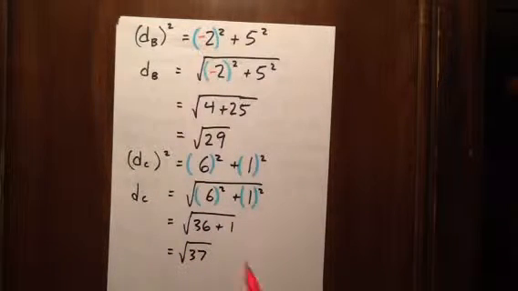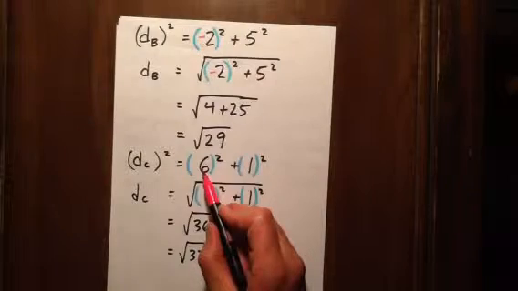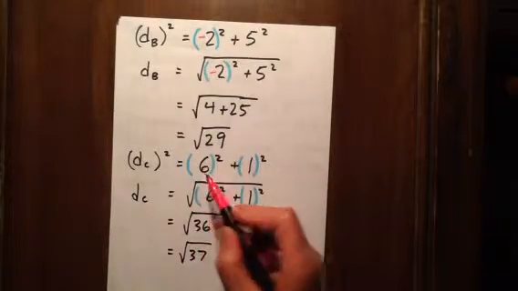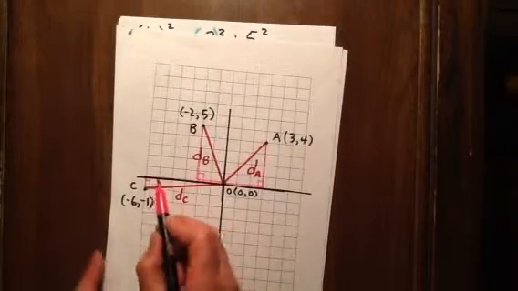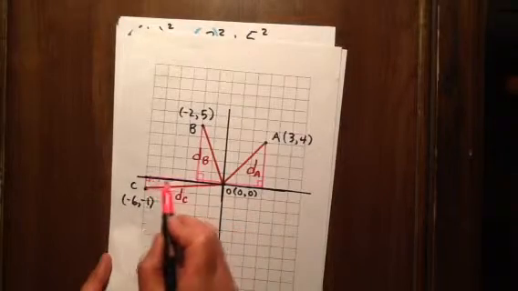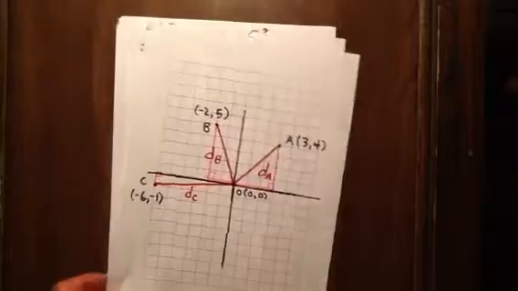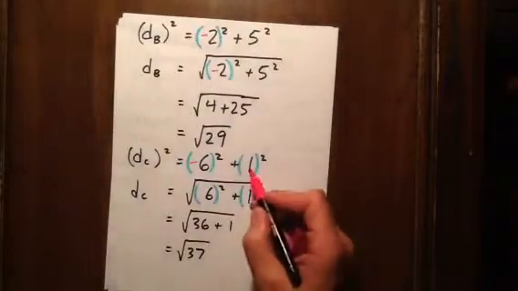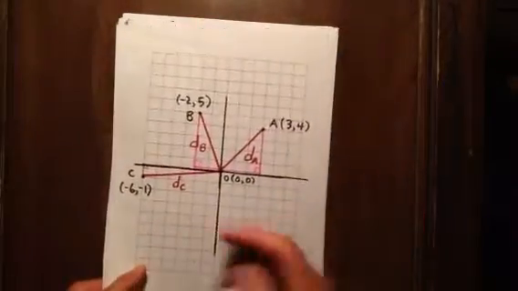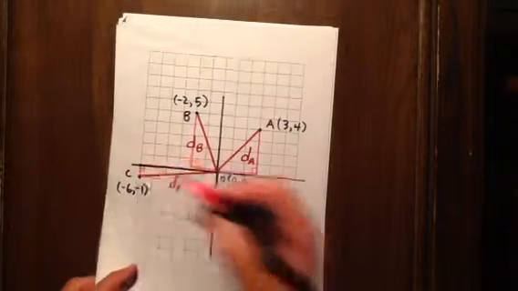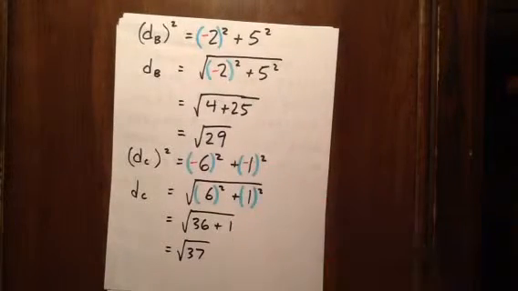Now, I think you'd agree, though, that 6 times 6 is the same as -6 times -6. So what we're going to do is plug in a -6 instead of a 6, because that's the coordinate. And I think you'd agree also that instead of using 1 times 1, since the y-coordinate is -1, we could use -1 times -1.